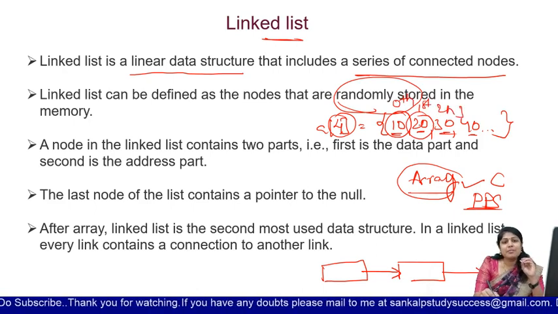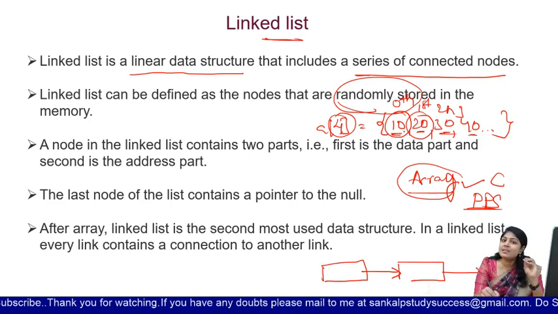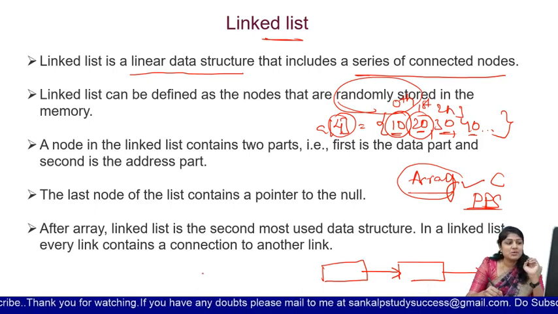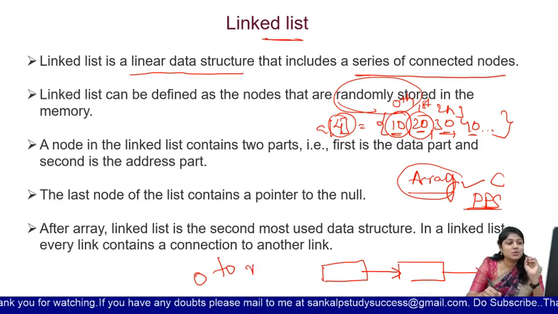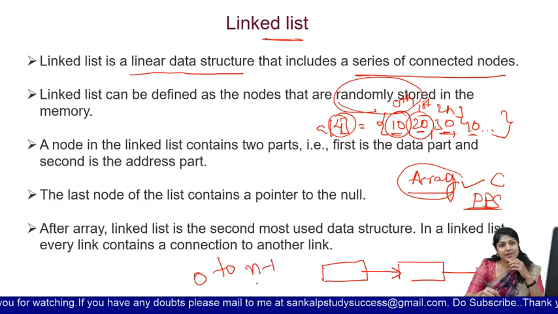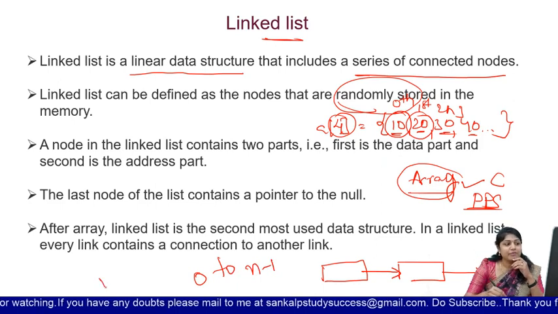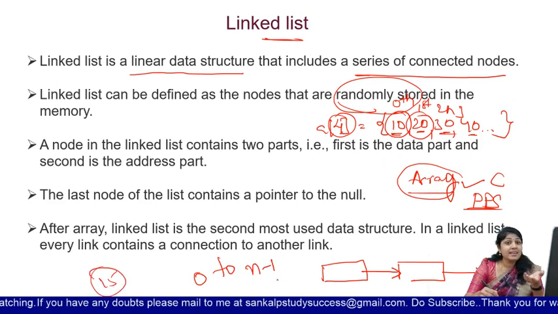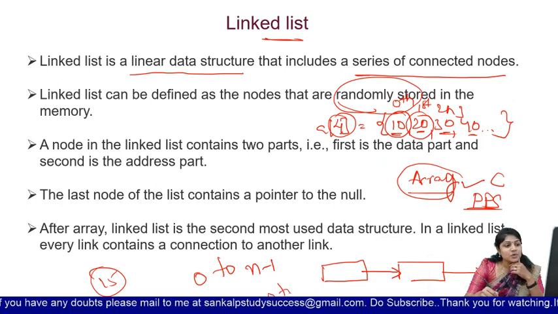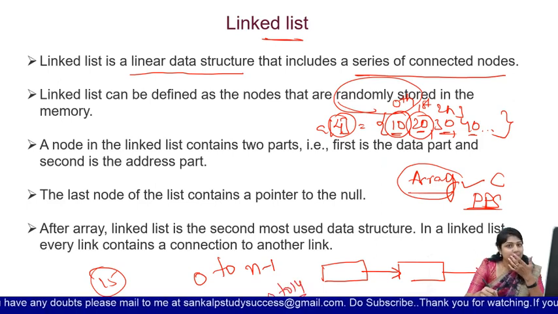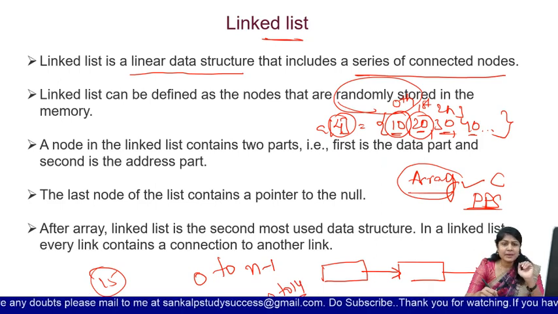For example, if you want to insert n elements into the array, the index range is 0 to n minus 1. For example, for 15 elements we need index positions starting with 0, so 0 to 14 positions we need, right? Up to here, clear?